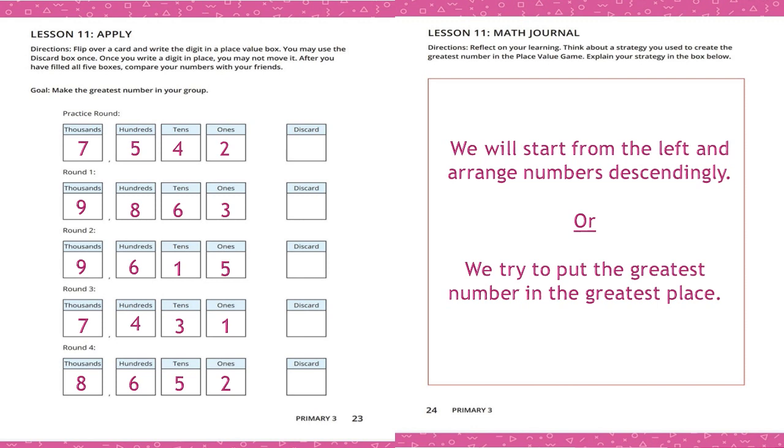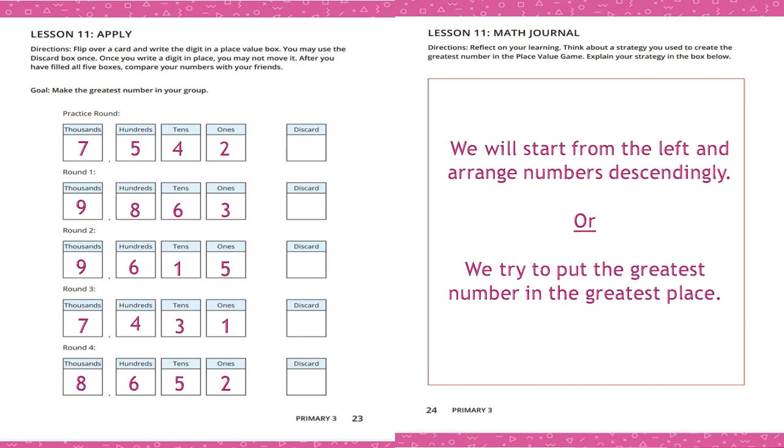How? We try to put the greatest number in the greatest place. Then the greatest will be 7,542.